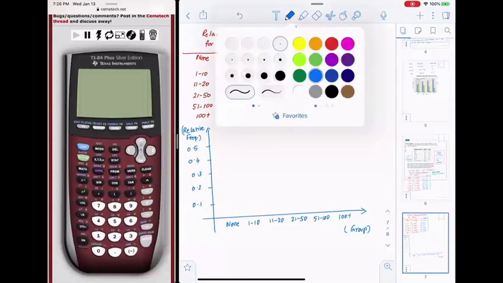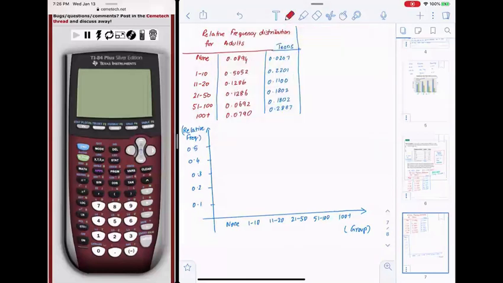So we will start with the adult group. For the number of adults who said they don't send any text at all, that was about 8.94%. So probably right there. And 1 to 10 texts, about 50%. And 11 to 20, we have 12.86%.